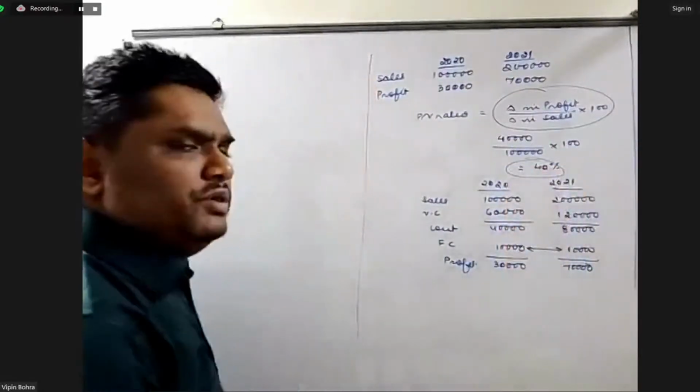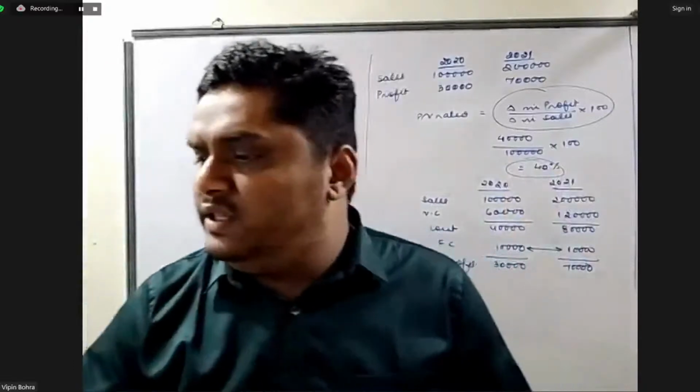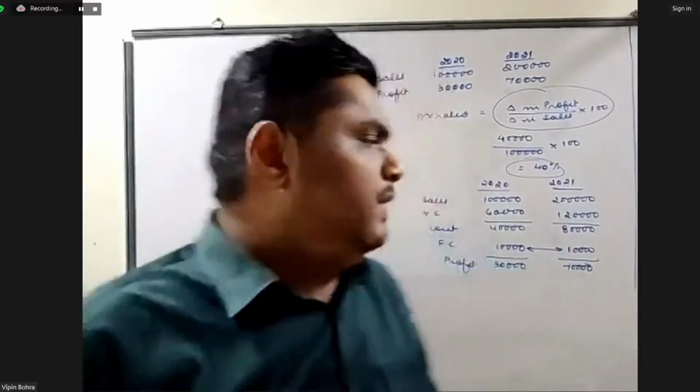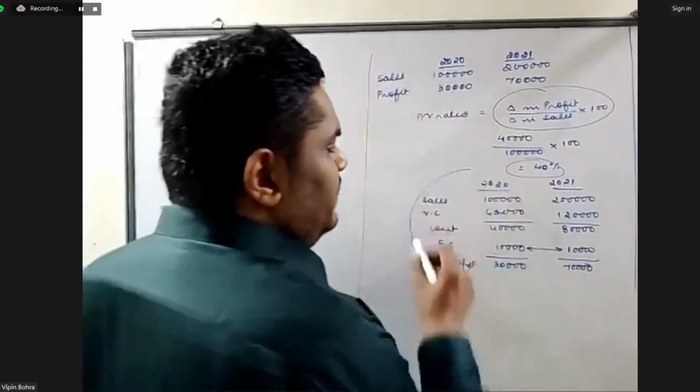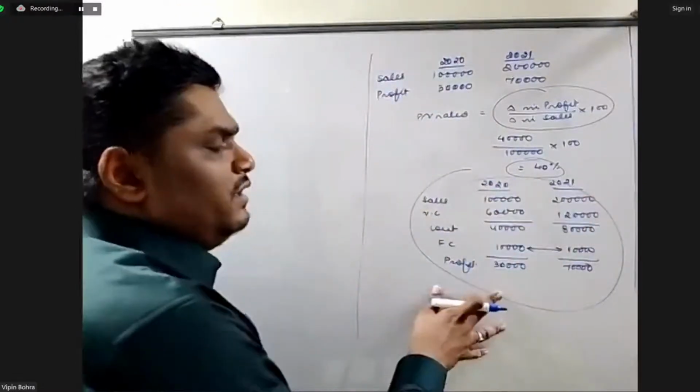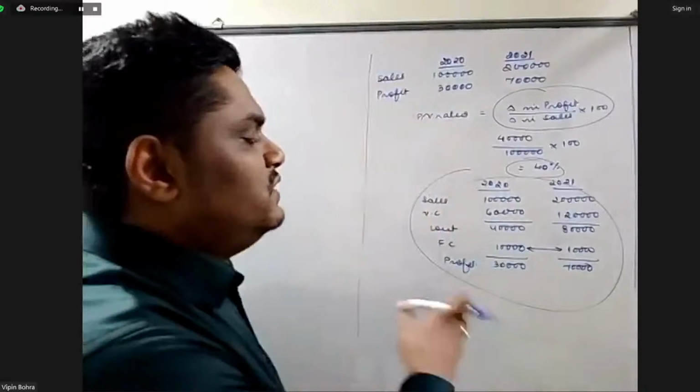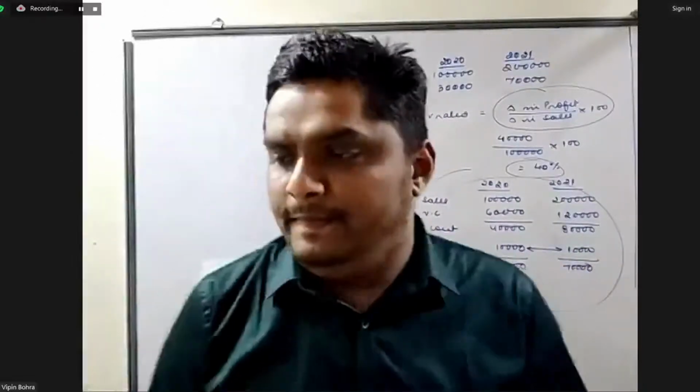And once PV ratio is calculated, we can easily calculate the fixed cost. I'm just calculating it for your reference, Sanya. Fixed cost will always be same. It is for your reference to recheck, for your confidence, I'm calculating this fixed cost. Fixed cost will always be the same.